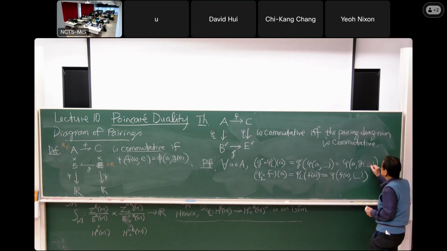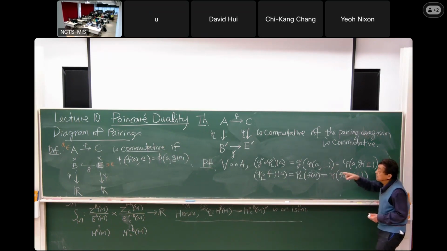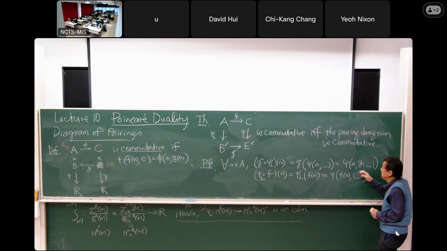If you put an e here, then you get precisely the commutativity of the pairing. So that's the proof.